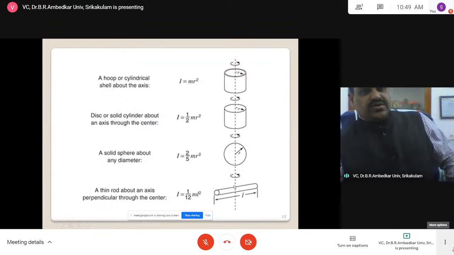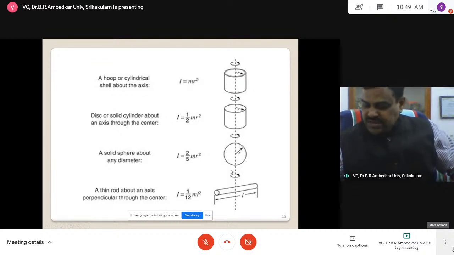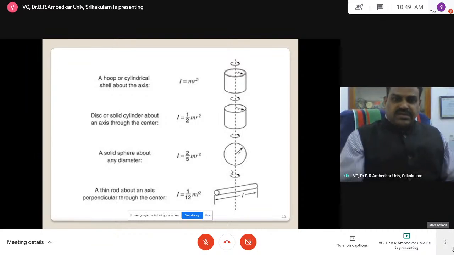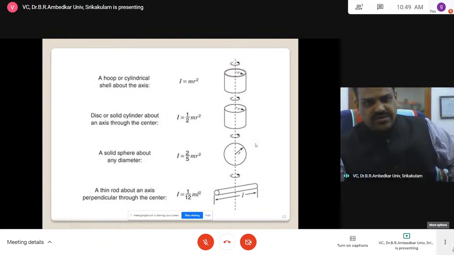The derivation part we are not discussing now, because when the body is in rotation, we are considering the mass of the body. That mass can be any rigid body. It can be a cylinder, or a sphere, or a cone, or a rod, that is a thin rod.